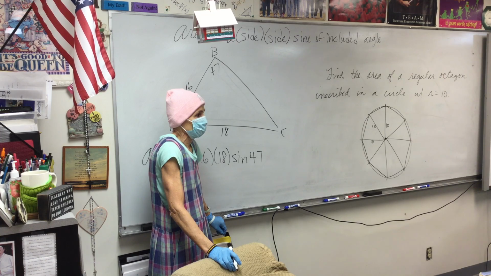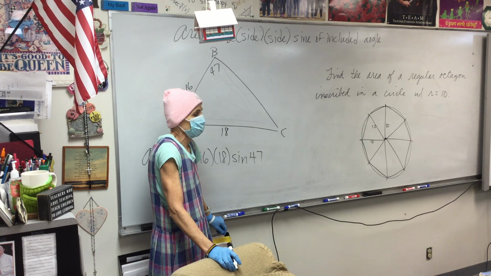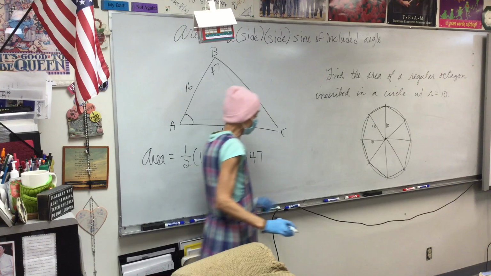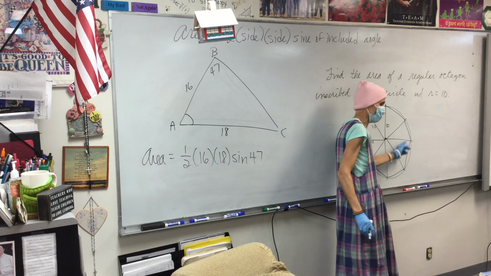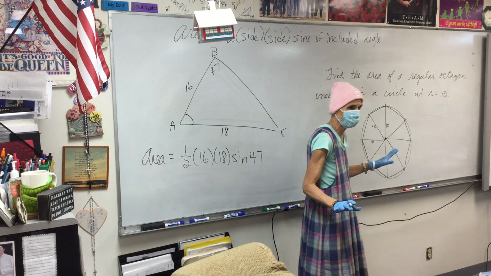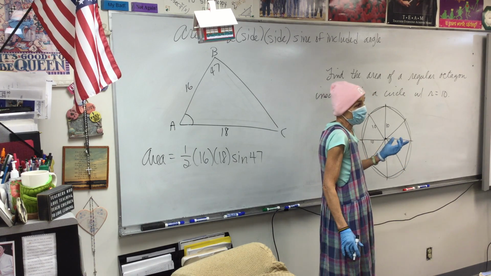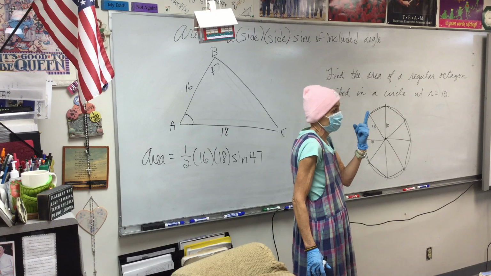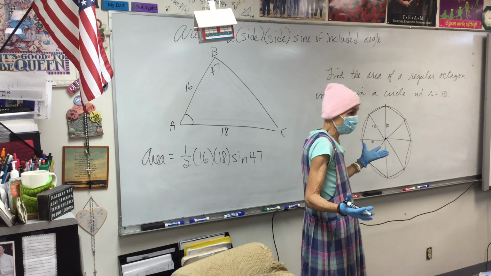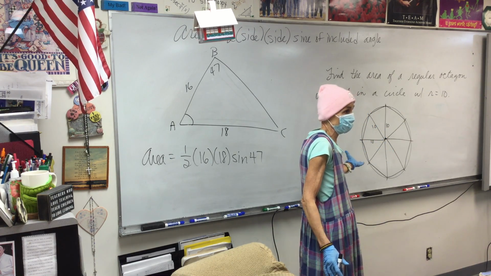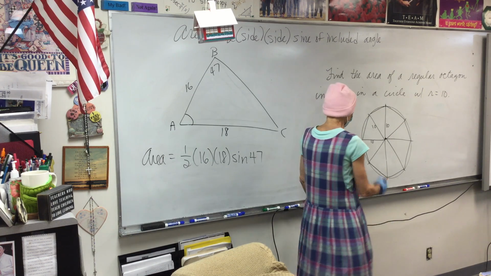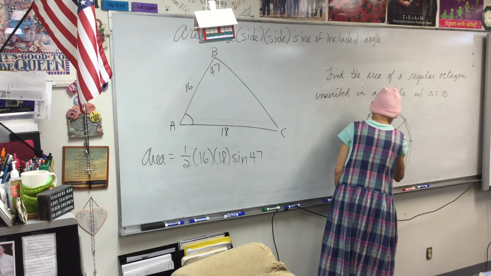Tell me about these triangles, regardless of the way I drew them. They're all the same. So if I could find the area of one of them, times it by 8, I'd have my answer, right? So let's look at this one right here.